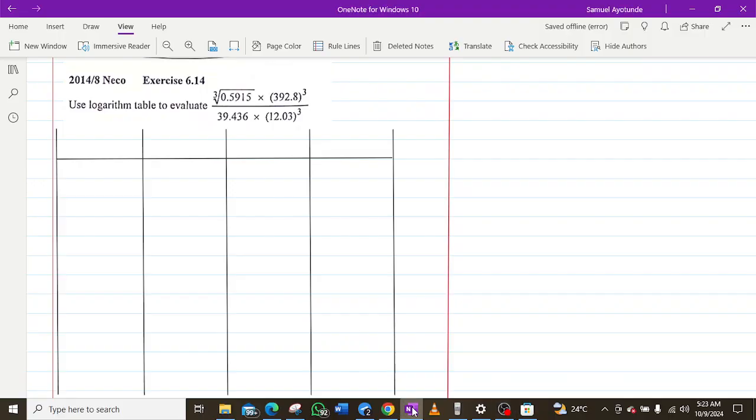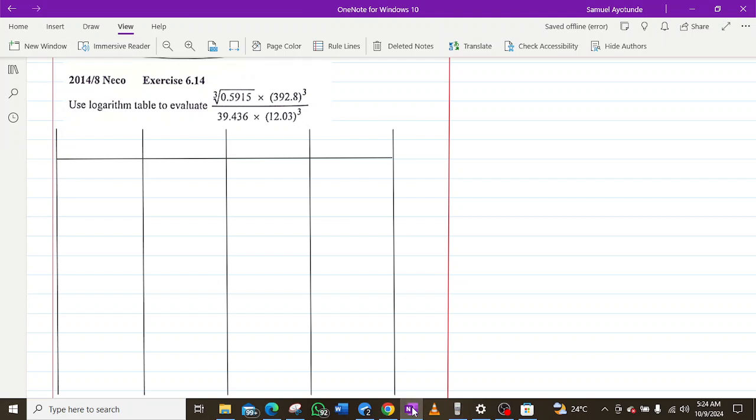So we go to a second example. So we're using logarithm table to evaluate cube root of 0.5915 times 392.8 raised to power 3, all divided by 39.436 times 12.03 raised to power 3.